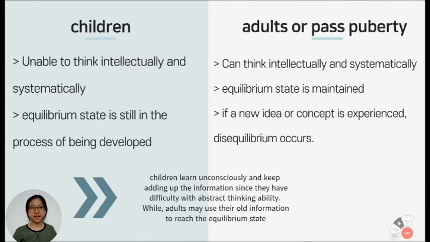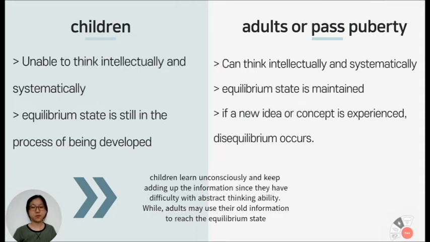Let me summarize everything that I have discussed so far. Children or learners who are under puberty stage are unable to think intellectually and systematically. Their equilibrium state is still in the process of being developed, but on the other hand, adults or those past puberty stage can think intellectually and systematically.